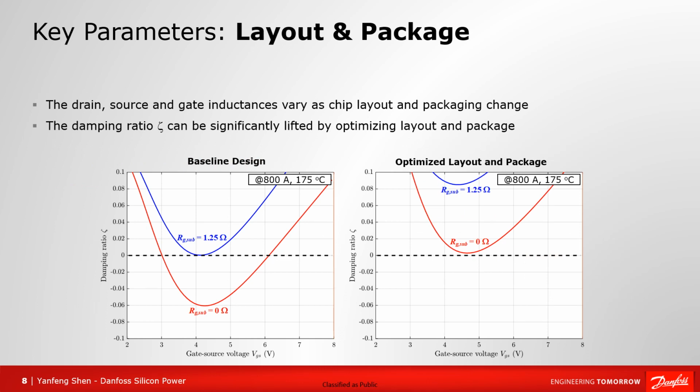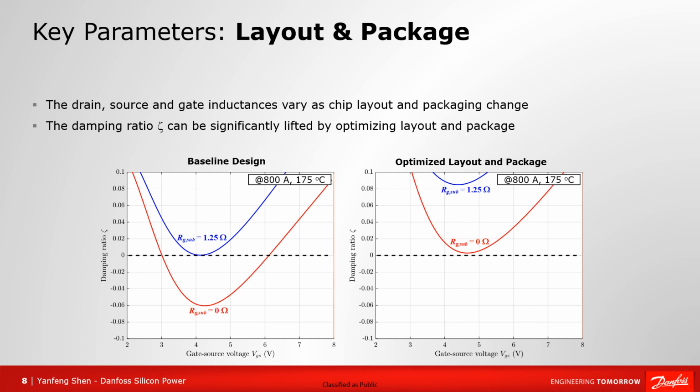As the chip layout and package vary, the equivalent drain, source, and gate inductances of parallel chips will be changed accordingly. The two figures here show a stability comparison between a baseline power module design and an optimum design. The red curves represent the case with zero substrate resistance.